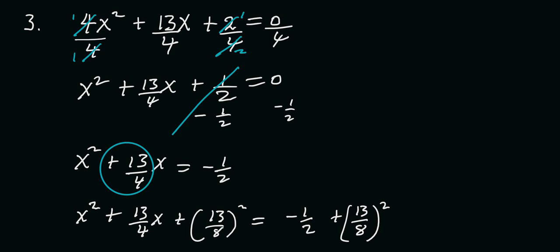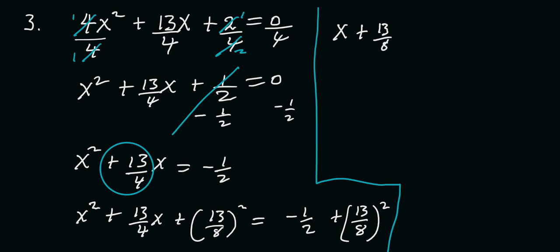So now, okay, we can isolate x squared and 13 over 8. So this will give us x plus 13 over 8.